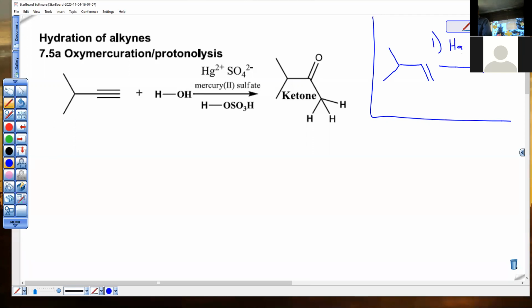It was still Hg2+, but there were two acetates on it. Then we had the water, which is the same. Okay, the mercury was mercury 2+, that's the same. But it's a mercury 2+ acetate this time, that's different. Water has to be in both, that's the same.